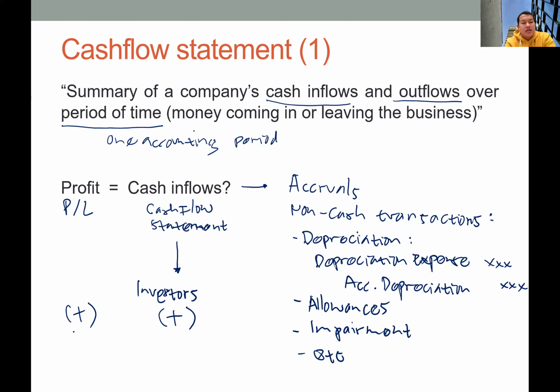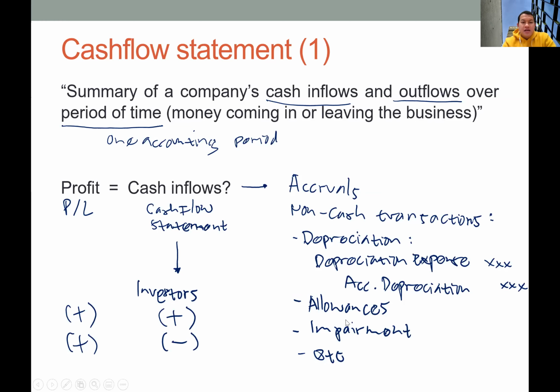But if they report a positive profit but a negative cash flow, this profit is made up using these accruals, so the investor may have less confidence in the profit and loss statements. So the cash flow statement is really important to give a validation of the company's profit and loss statement, to give a better picture of the real transactions done by the company, and to give a different perspective of the company's performance.